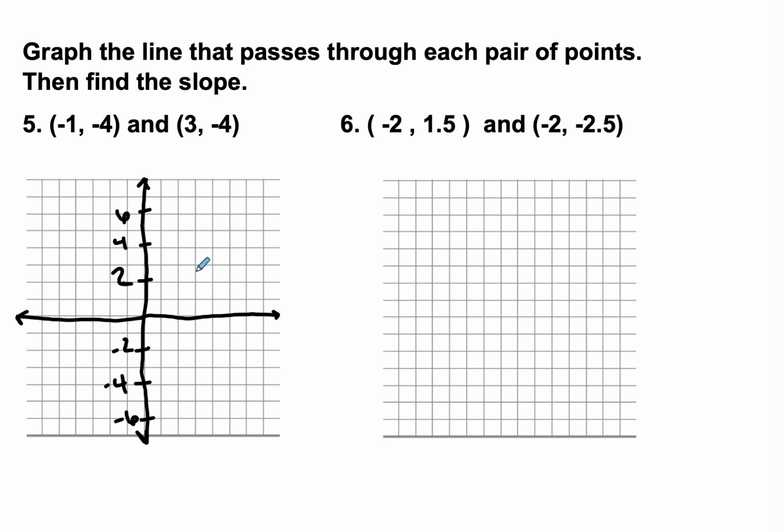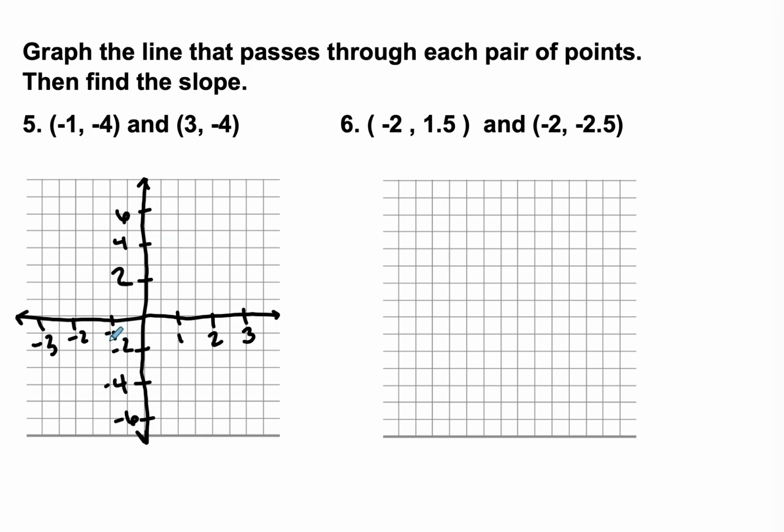Make sure your numbers and your spacing are equal. -1 to 3. So let's see. 1, 2, 3, -1, -2, -3.